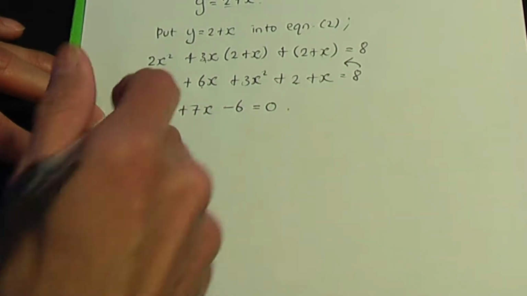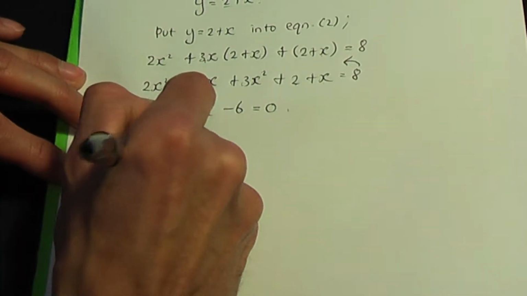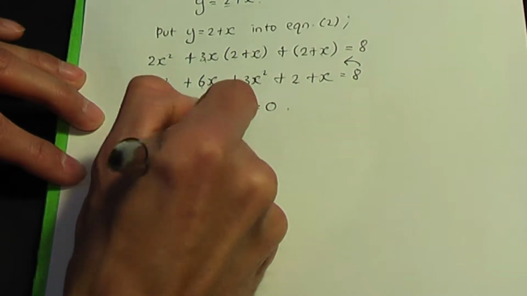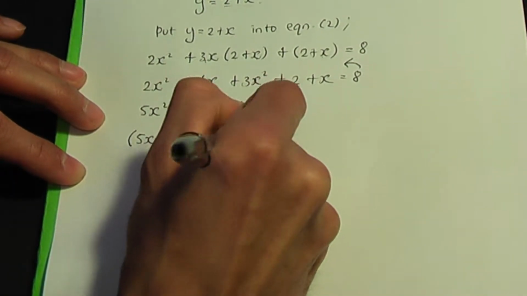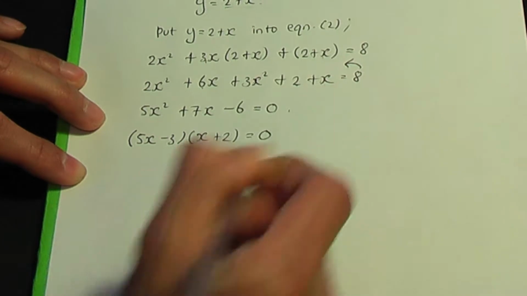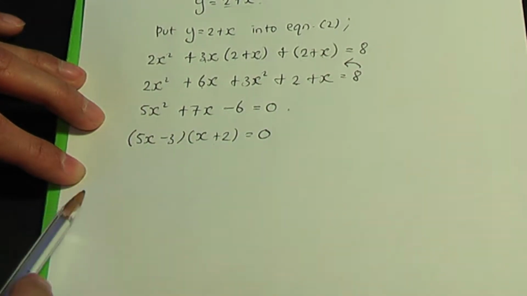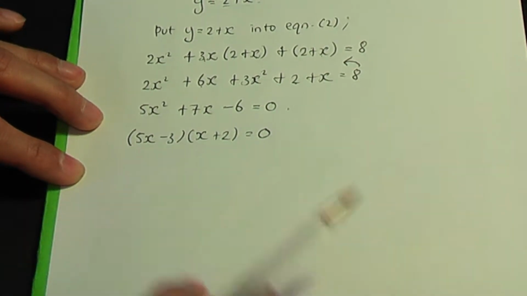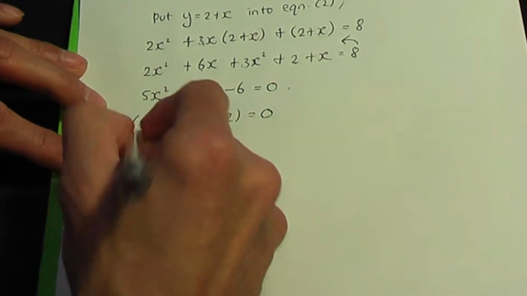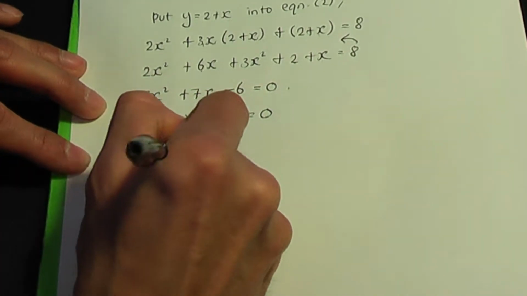So you can factorise the left hand side, and the factors would be 5x minus 3 and x plus 2. So these should be the factors for the quadratic, okay? So bearing in mind the factors, you have two solutions for x.